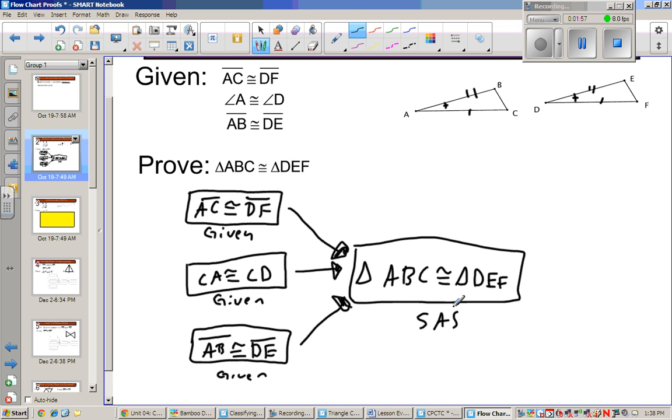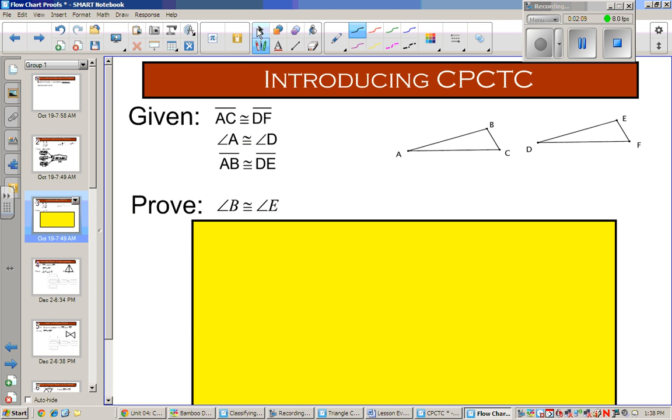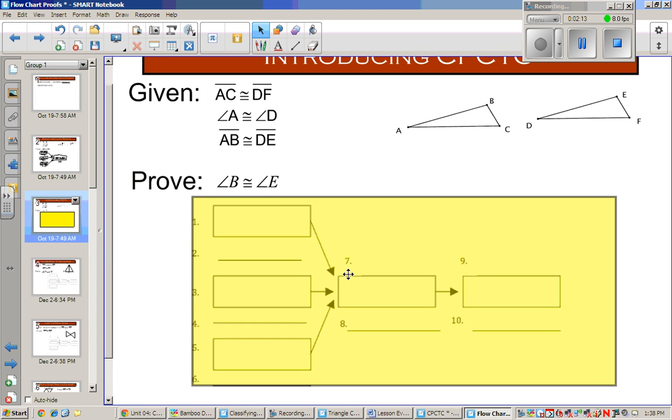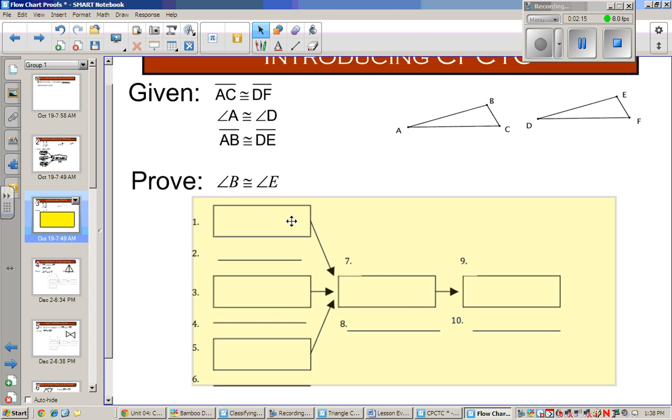So to do flowchart proofs, they're very similar to the train of thought that you were on previously. We're just writing down all of the steps in our process. Now, typically, you need three things in order to prove that triangles are congruent. So typically it's going to look like this. You have three things, and you're proving triangles are congruent.